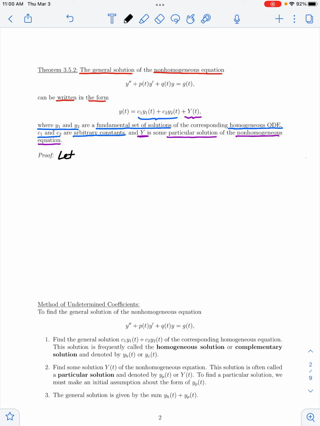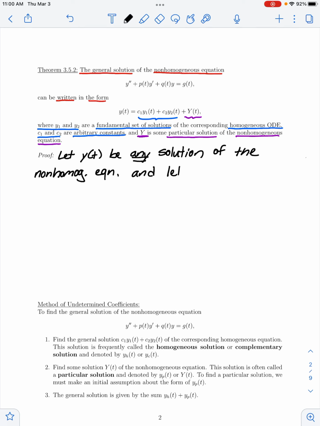So to prove this, let's suppose that little y of t could be any solution, I'll stress any, of the non-homogeneous equation, and let's denote as capital Y, as it is in the theorem statement, some particular solution of the non-homogeneous equation.